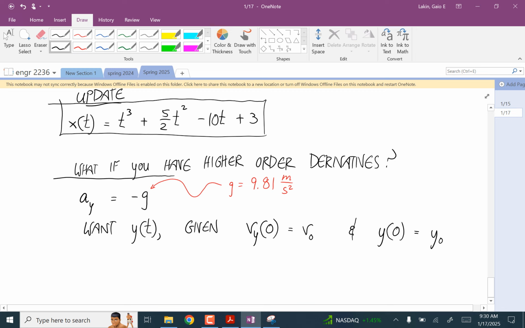Is the ay equals negative g an equation that we're going to be using a lot of? Not really, but it's an equation you use a lot in physics 1. And what we're going to do here is just derive the constant acceleration equations, but thinking of it as a separable differential equation.